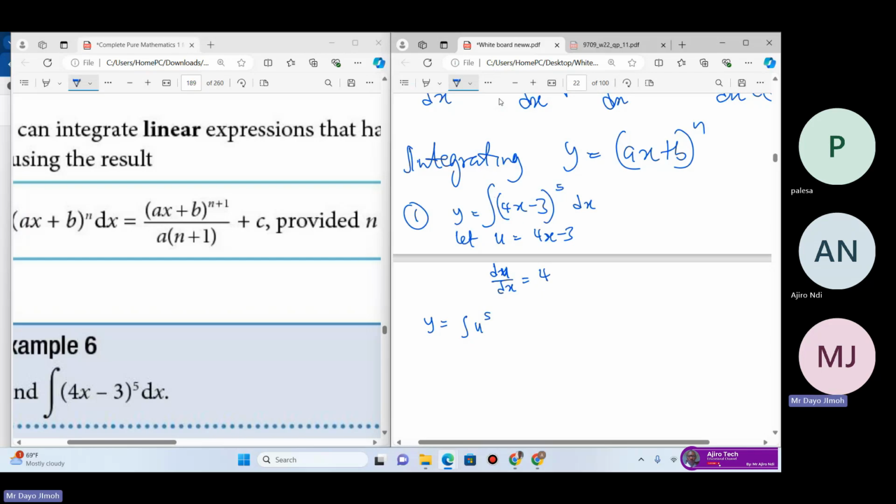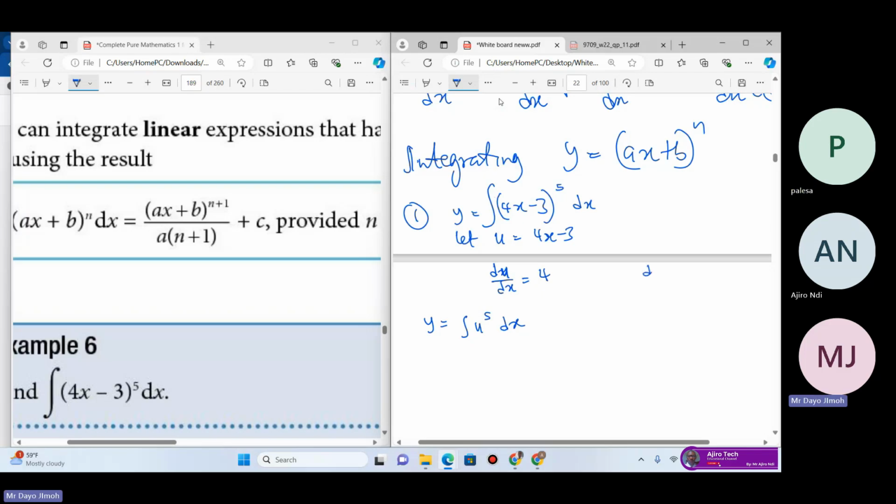So, should I still write dx? Can I still use dx? No, I can't. Do you know why? I can't use dx because this variable is u, not x. So I'm going to solve for dx from here.